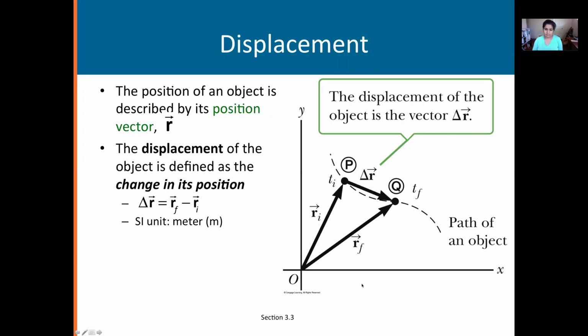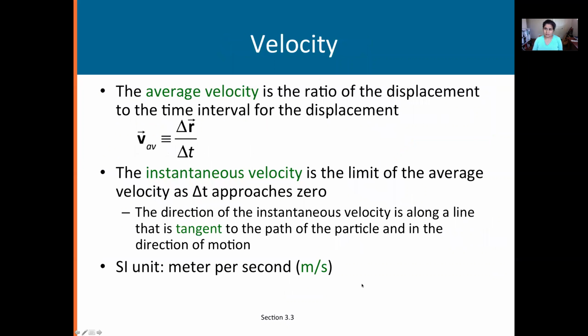Okay. Now let's consider velocity. Velocity, if you remember, is the rate of change of displacement. That means delta r here, which is the displacement, divided by delta t. This is going to give me my average velocity. By definition, these three lines mean by definition.